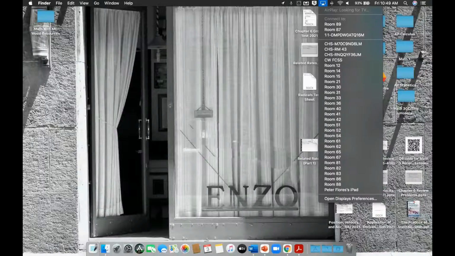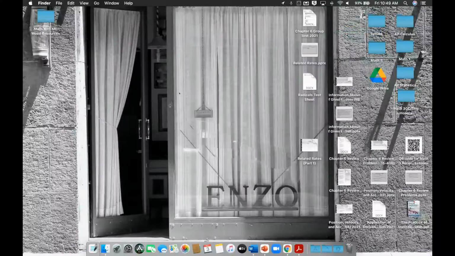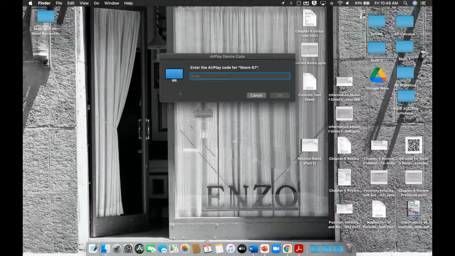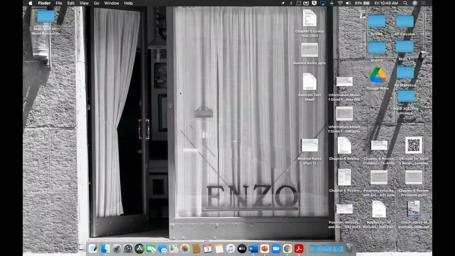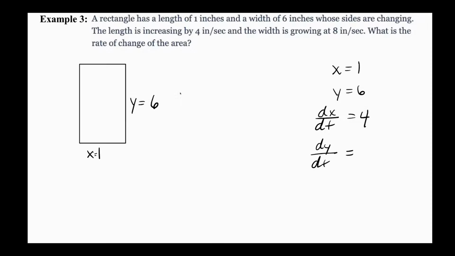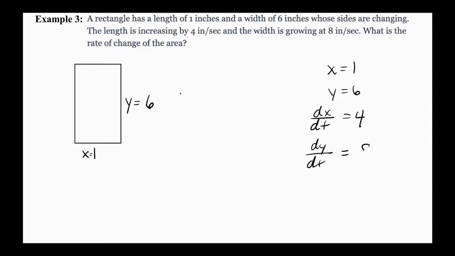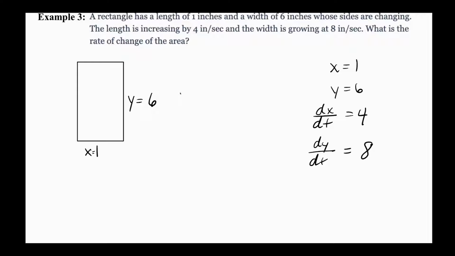What equals 8? dy over dt? There we go. dy over dt equals 8. Good. So is that everything that I know?